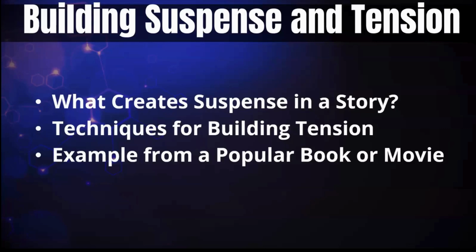Now, in building tension, we know that we can make a story more exciting by adding some mystery, like a strange map, maybe dangers like a lurking monster, or challenges like a riddle to solve before they can get to the next level. Or maybe there's a cipher that they have to open in order to get the clue. A popular example could be in The Lion, the Witch, and the Wardrobe.